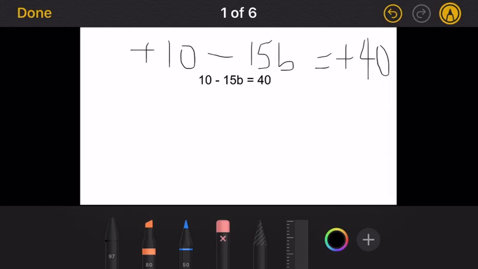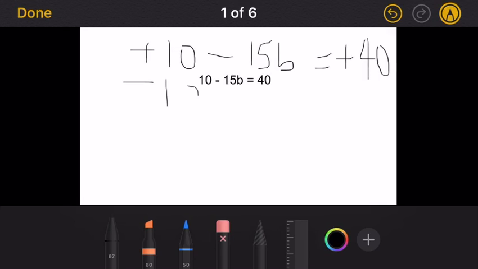So that's a positive 10. How do we get rid of positive 10s? Well, what does positive mean? What does it even look like? An addition sign. So how do I get rid of a positive 10? I subtract it.